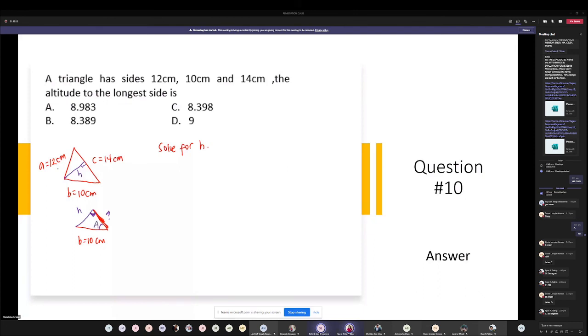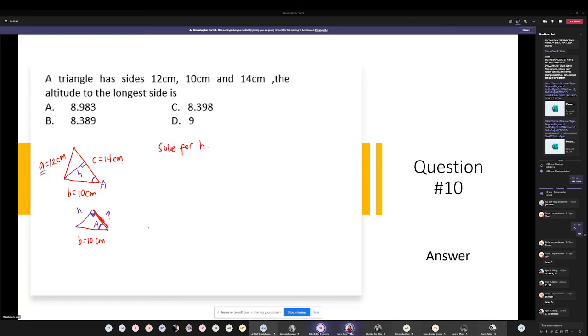I am labeling this as side A, so I'll label this as angle A. Let me put that here in the original triangle. This is angle A. We can solve for angle A by using the sine law, or we can also use the cosine law.